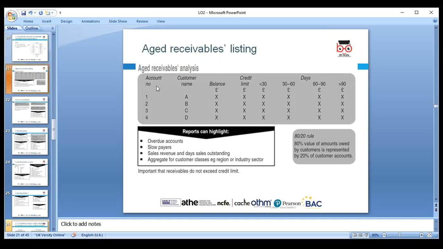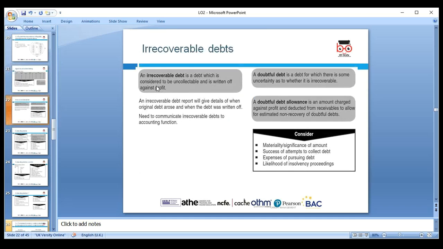So we can look at the account number and the aged receivables analysis: who the customer is, what the balances are, what the credit limit is. Those are less than 30 days, 30 to 60 days, 60 to 90 days, or more than 90 days. And then we can decide on irrecoverable debt. As I mentioned earlier, irrecoverable is an expense which we can't recover. So we need to decide how much irrecoverable debt we have this year, because if irrecoverable debt is increasing, the business is losing cash.